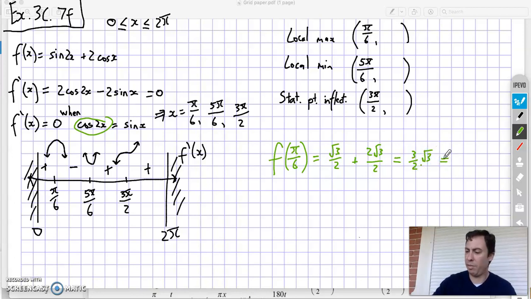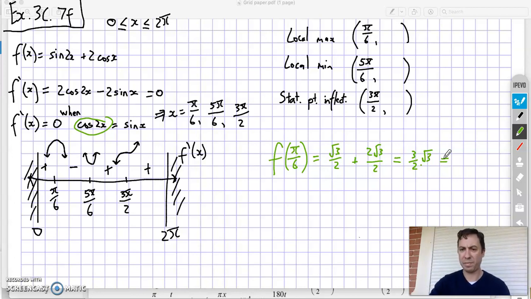And I'm actually going to reach for the calculator at this point. We'll just use a decimal approximation, I believe, would be the best thing to do. So 1.5 times square root 3. And it's telling me that that's 2.6 approx.